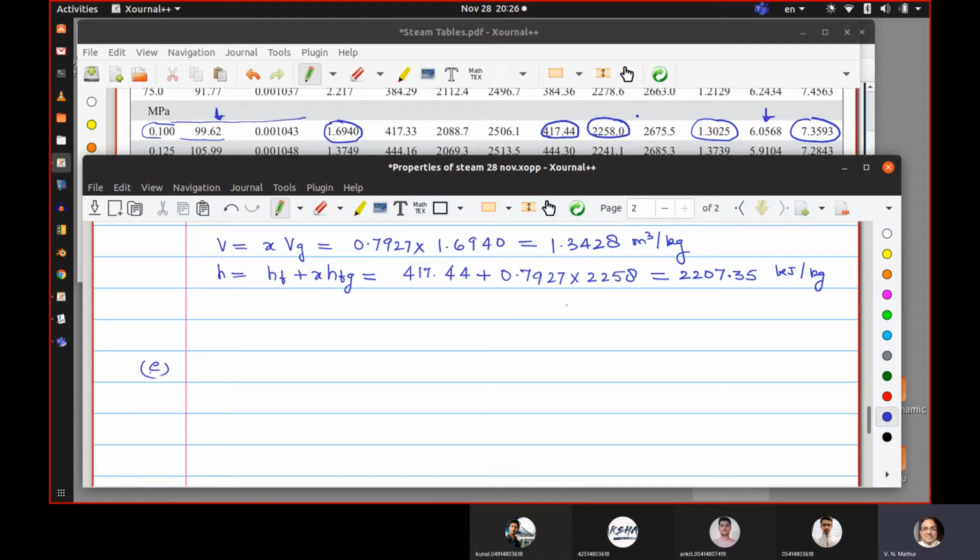I have opened the book; I don't need the scanned copy which I sent you now. We are at the E part. The given values are P is 10 bar and T is 320 degrees centigrade.